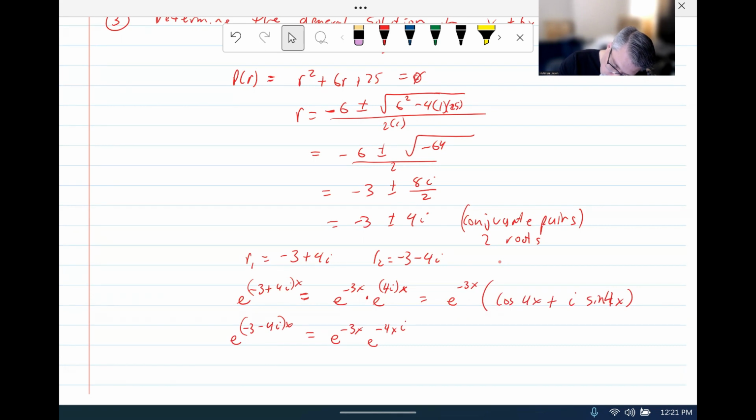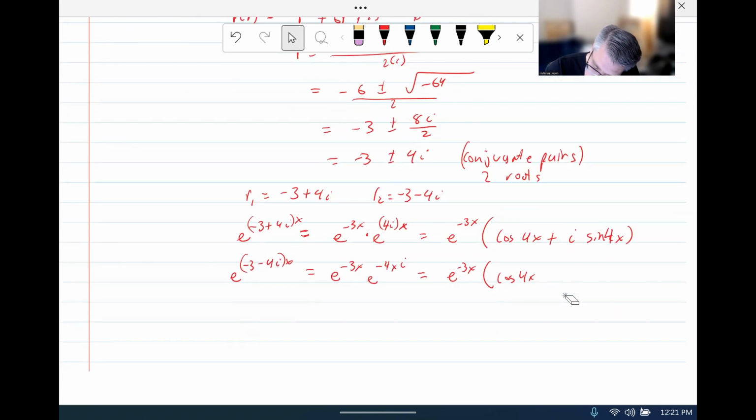Which is equal to e to the negative 3x times cosine 4x minus i sine 4x. Okay.